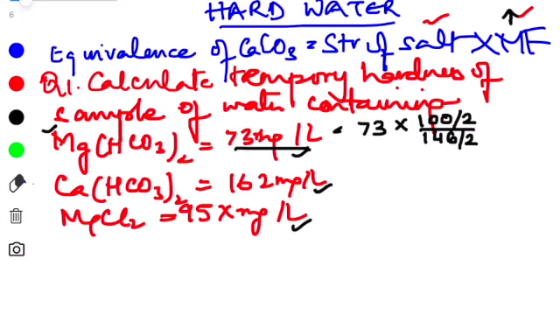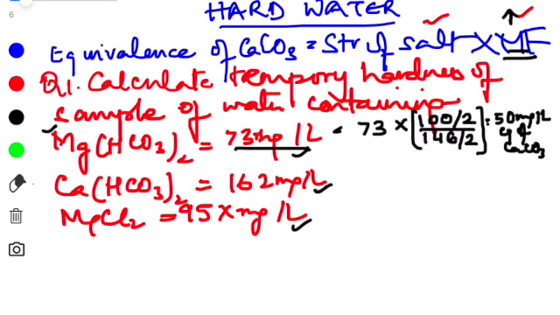Okay, so after solving, this part within the brackets is the multiplication factor that was referred to here. So what do I get after this? I get 50 milligrams per liter equivalence of calcium carbonate. So now I have converted the figure for magnesium bicarbonate into the equivalence of calcium carbonate form.